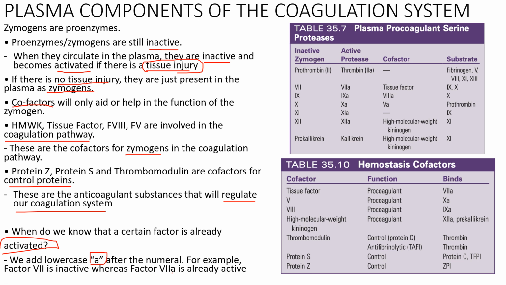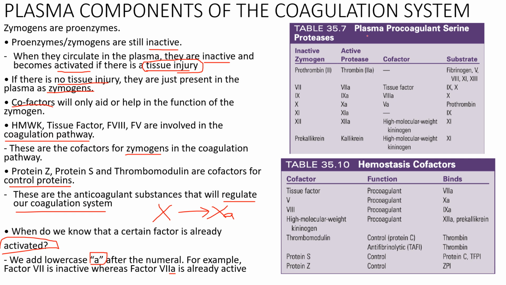But if you add the small letter a or the lowercase a there, it becomes active. Another example, factor X alone is considered inactive. For it to be activated, class, you just add the small letter a. So do remember that.